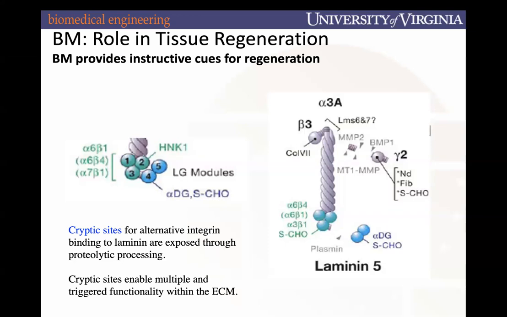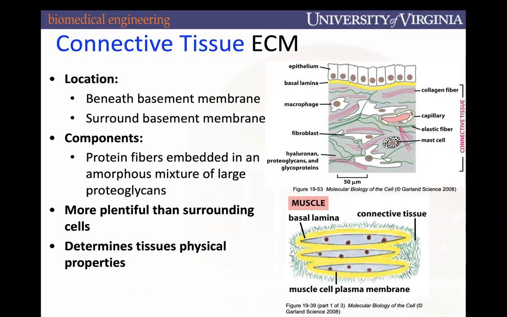All right, I'm going to press on to try and get a couple more slides in before we run out of time. So we spent time talking about the basement membrane. The other form of the ECM is the connective tissue. So again, it's important to keep in mind the ratio of cells to ECM. For the basement membrane, it's a lot of cells, typically, with the exception of filtration perhaps, but a lot of cells with a small, thin layer.